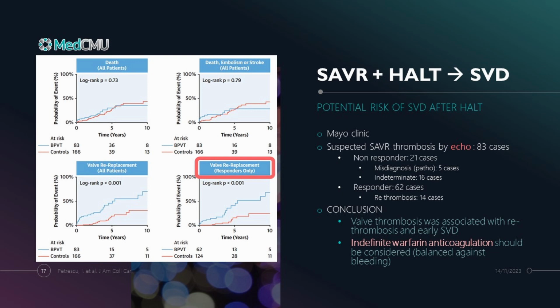Indefinite warfarin anticoagulation should be considered in patients who have a history of HALT. However, you have to balance it against the bleeding risk.